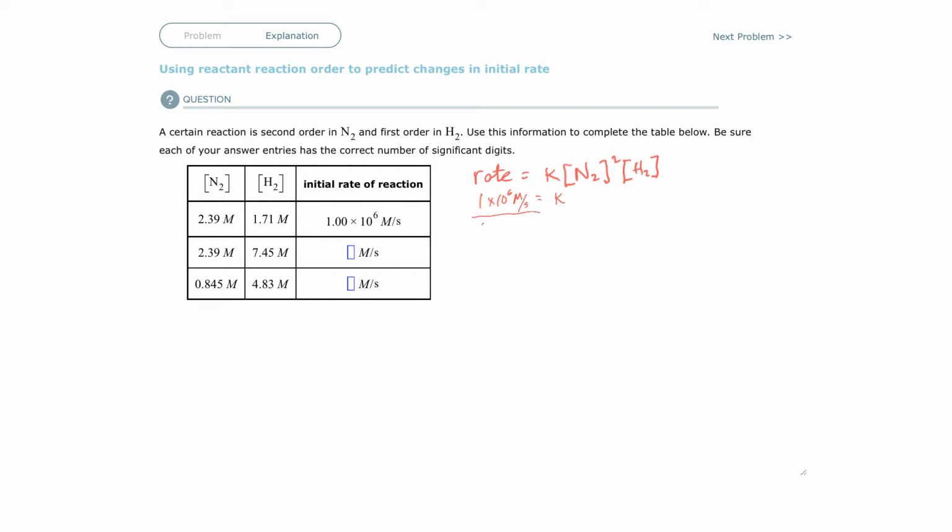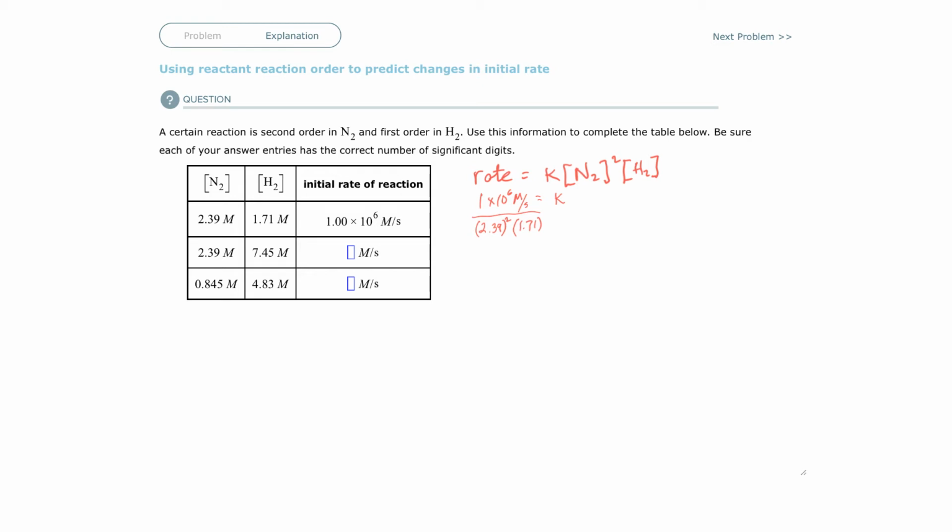Okay, so that's 2.39 squared. See, I've moved it from the right down to the bottom. And then the concentration of hydrogen to the 1 power.